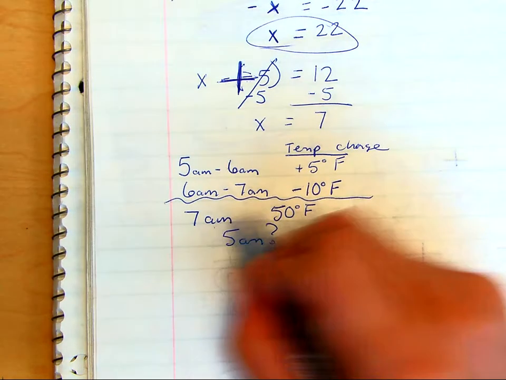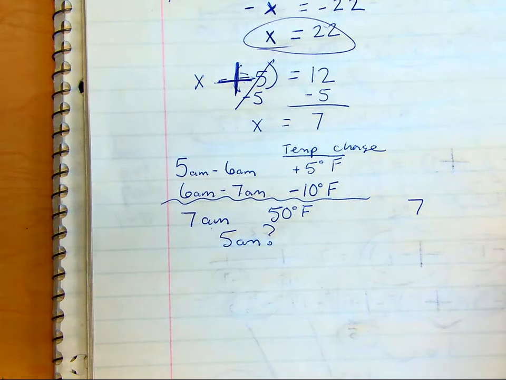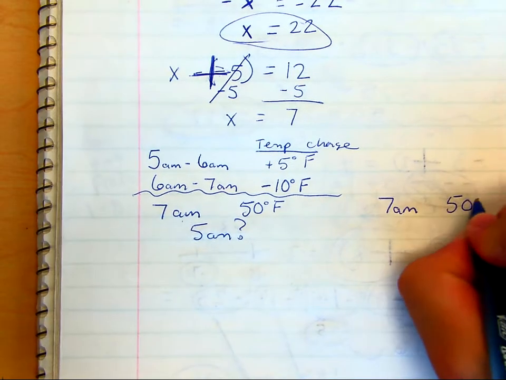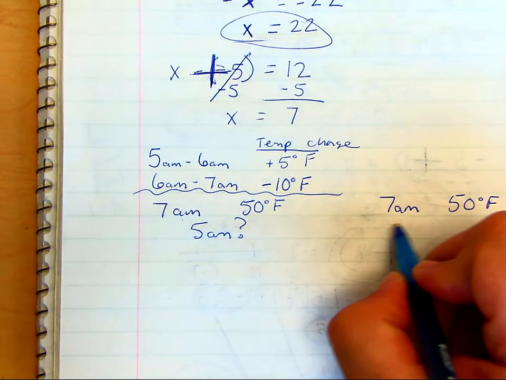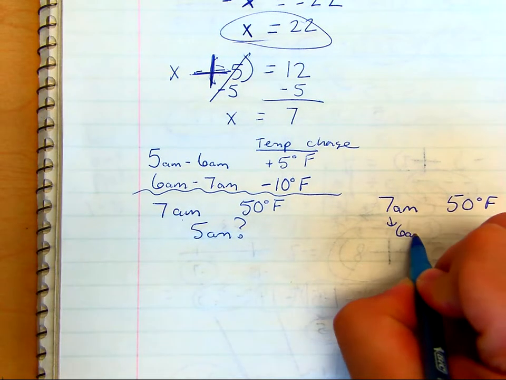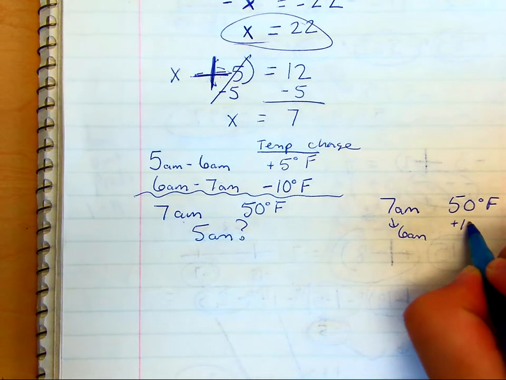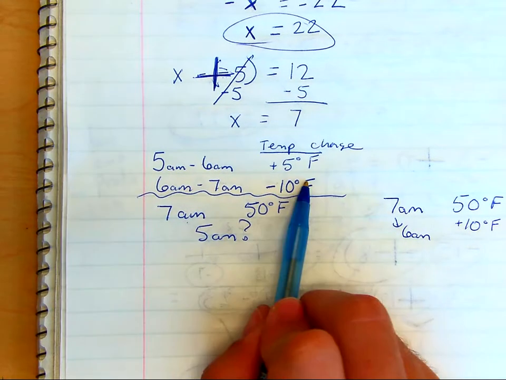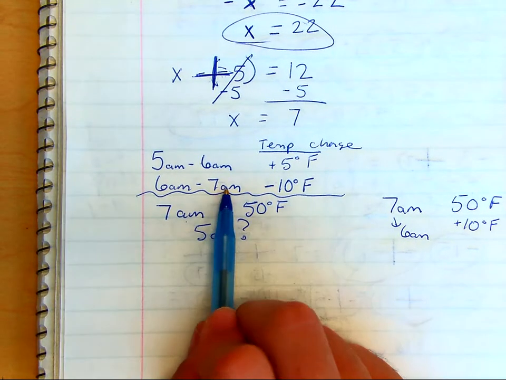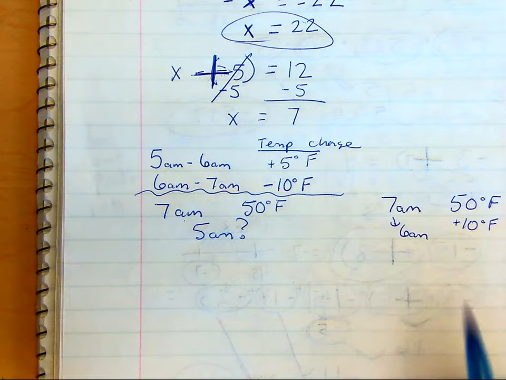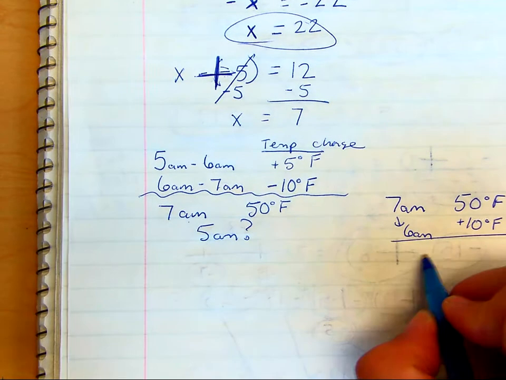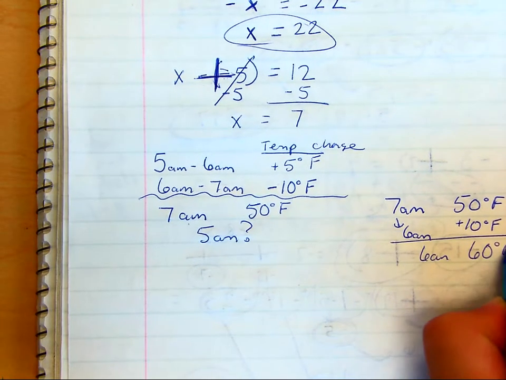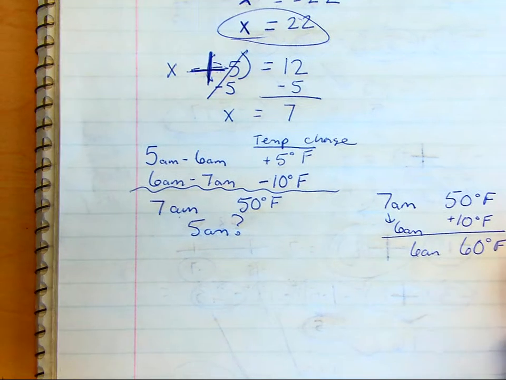So if I'm starting at 7 a.m., I like to make myself a little chart just to keep track here. So it was 50 degrees. Then when I went to 6 a.m., that went up 10 degrees, because from 6 to 7, it went down 10. So if I'm going backwards, my temperature had to go up 10 degrees. So at 6 a.m., I'm at 60 degrees.